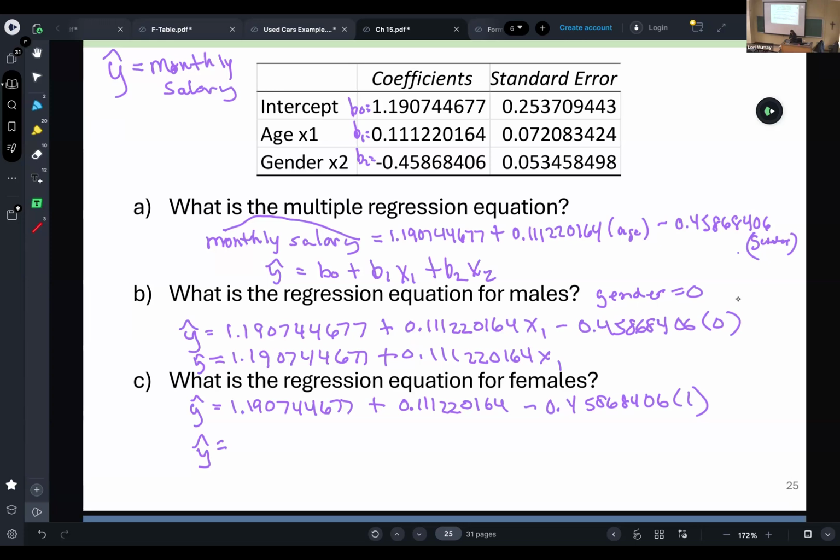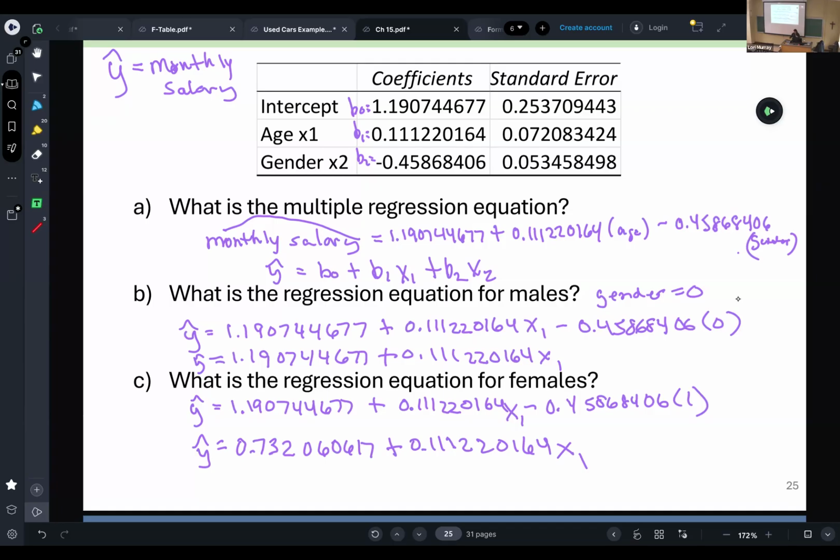I got 0.732060617 plus, we're definitely acting like computers here with all these numbers, this should have an X1. That should have an X1 in there. There we have it. So that's the equation for the females right here. The equation for the males and the equation for the females. The only difference is the intercept is different.